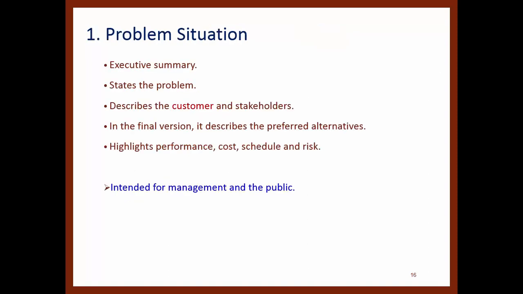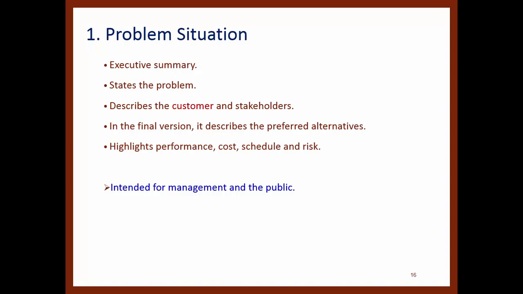So problem situation, as I mentioned, you already wrote about this in your project proposal. It's an executive summary that discusses the problem situation, states the problem, and describes the customer and its stakeholders, who care about this problem and who is involved in it.